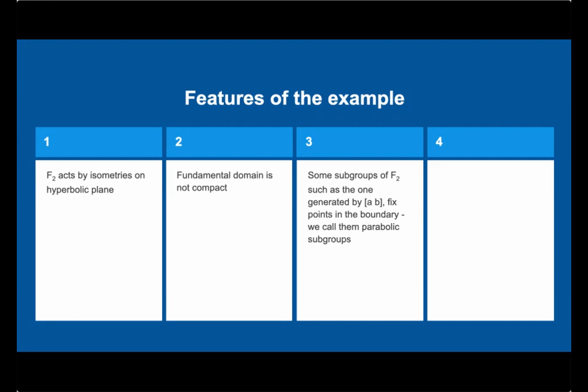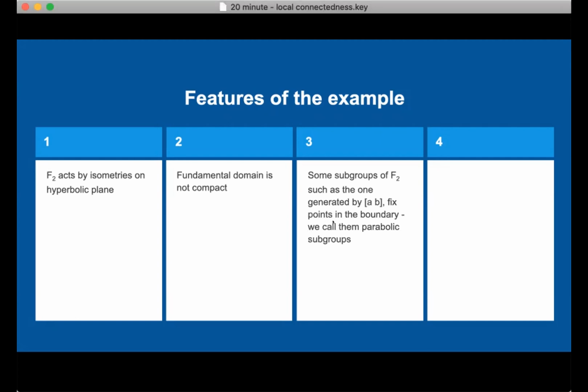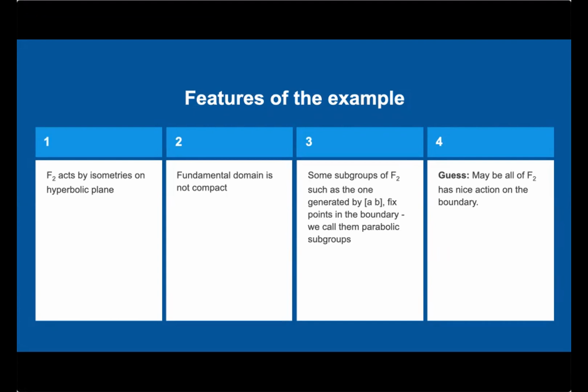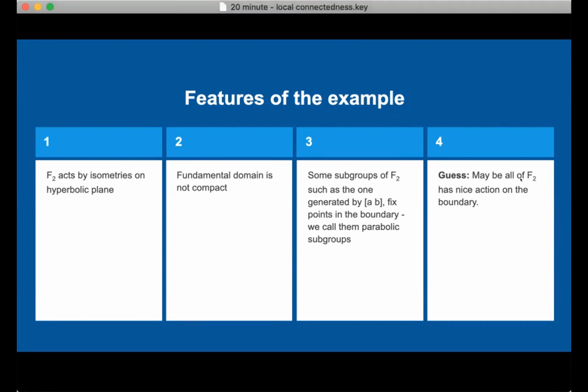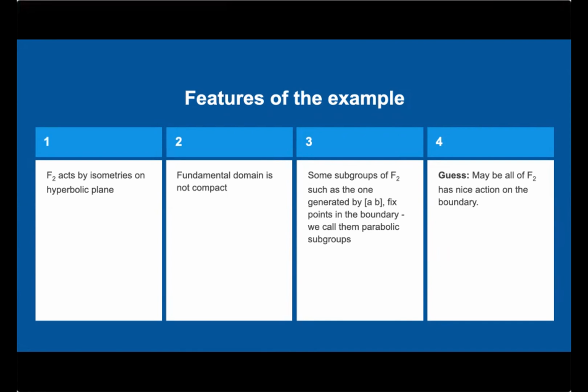And some of the subgroups of this group are fixing points in the boundary. We call them parabolic subgroups. And we guess that maybe some of the subgroups are doing something on the points on the boundary. Maybe all of the group is having some nice action on the boundary. So these are the features of this example.